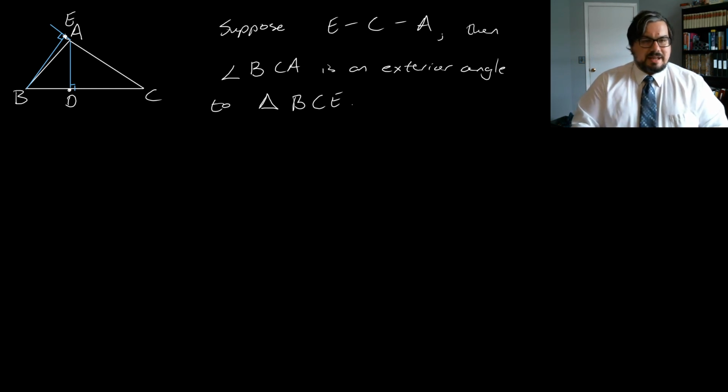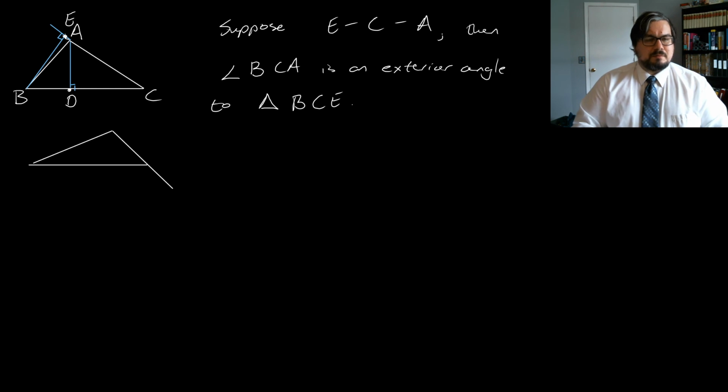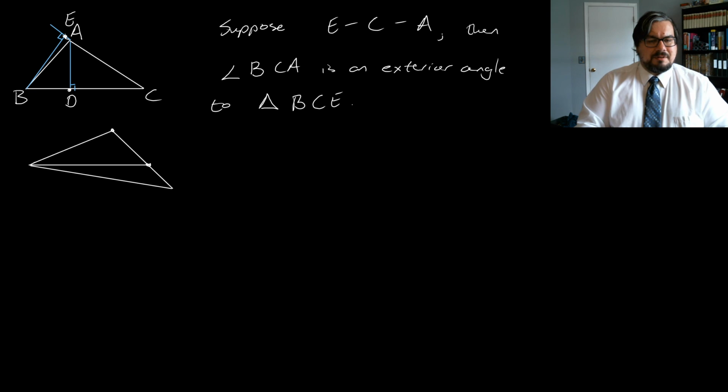Let's sketch out what that position would look like. Now, of course, this is going to look a little silly because we're trying to draw something that can't happen, for contradiction. So we're trying to look at the situation where we've got A, B, C, and E over here.